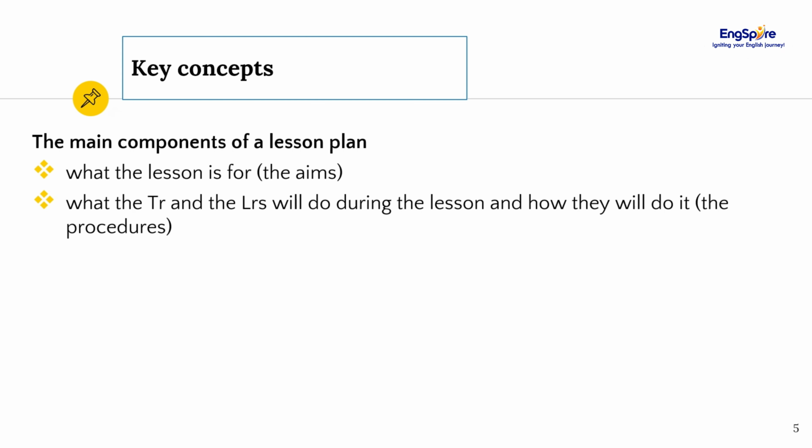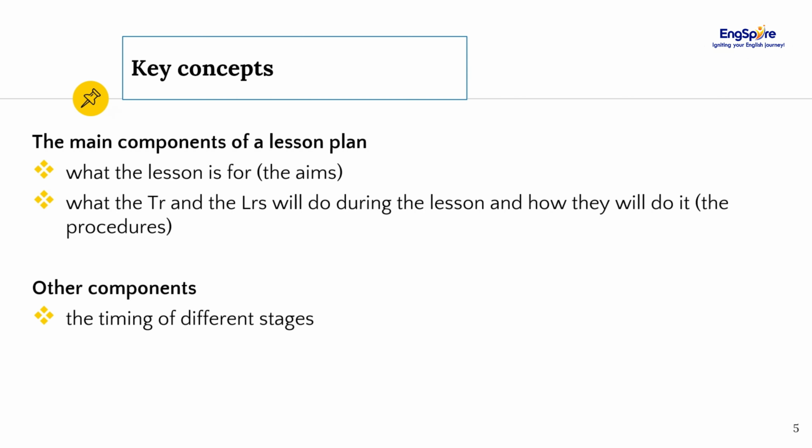Then we need to consider what the teachers and learners will do during the lesson and how they will do it. It includes the different stages of the lesson, the activities, the interaction patterns, and the methods the teacher uses to help learners achieve the aims.